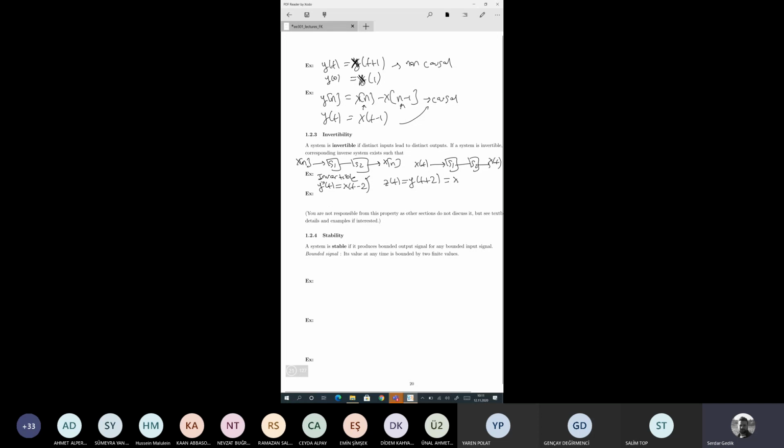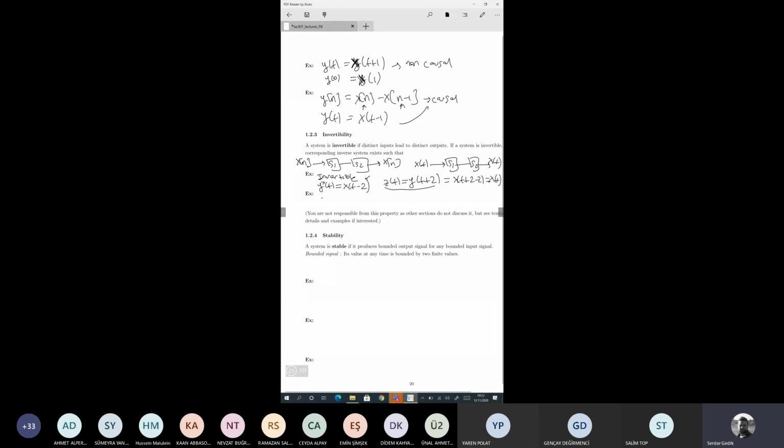What is this? x of t plus 2 minus 2. This is equal to x of t. So the system defined by y of t equal to x of t minus 2 is an invertible system, and the inverse system is defined by the relationship z of t equal to y of t plus 2. When they are combined, I see that the input signal is preserved at the output.